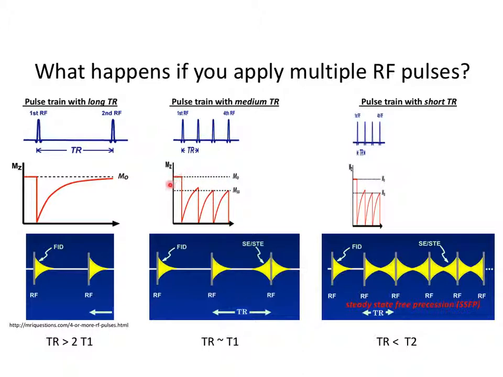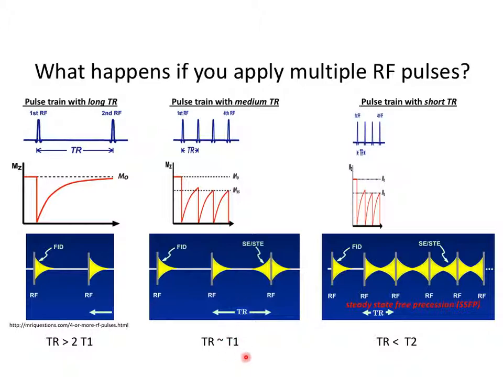So after the first pulse, we have a steady train of values that have the same amplitude at each RF pulse. And that amplitude is strongly dependent on the T1 value.